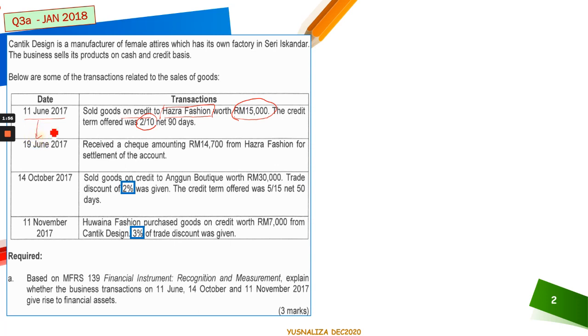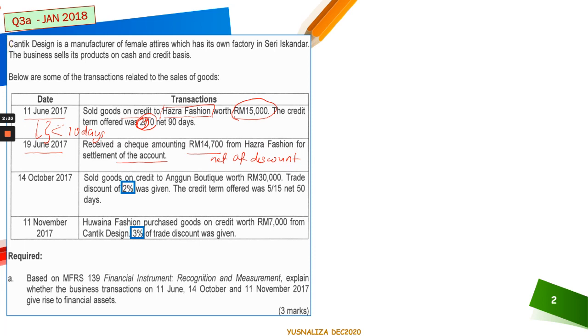So within this period, this is less than 10 days, meaning that you are entitled to this 2% cash discount, and you receive this payment from Hazra to the amount of 14,700 for settlement of the outstanding account that was created due to the credit sales. So this 14,700 means this is already net of discount.